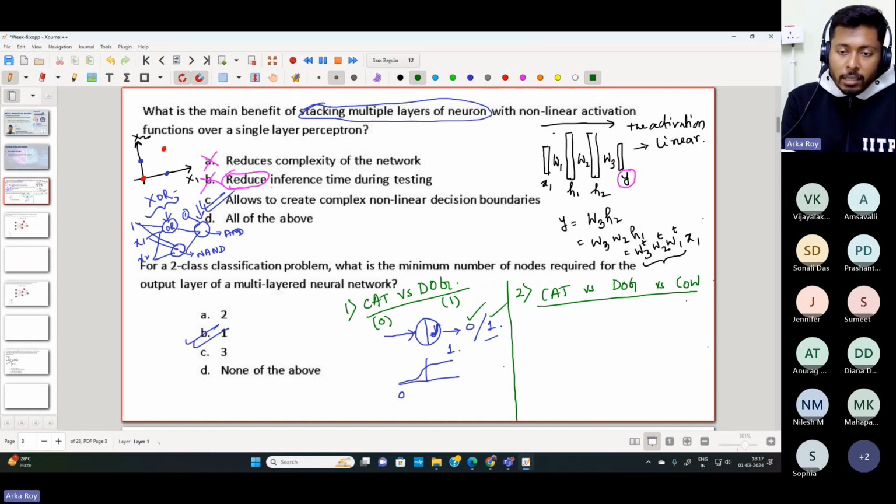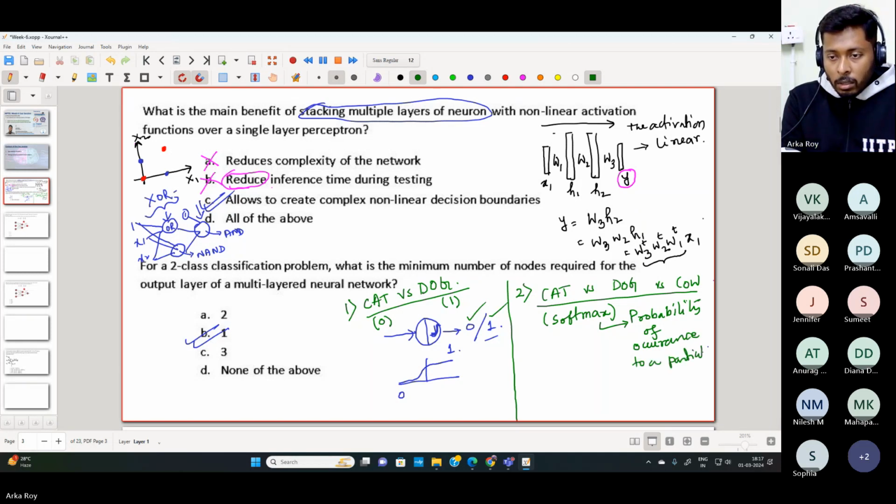Now, in case of multi-class classification, you have seen we use the function called softmax. What softmax basically gives is the probability of occurrence of a particular class. So for example, this is your input layer. You have some hidden layers over here.